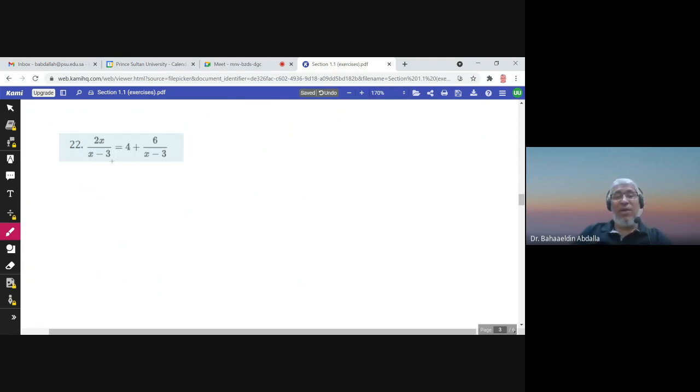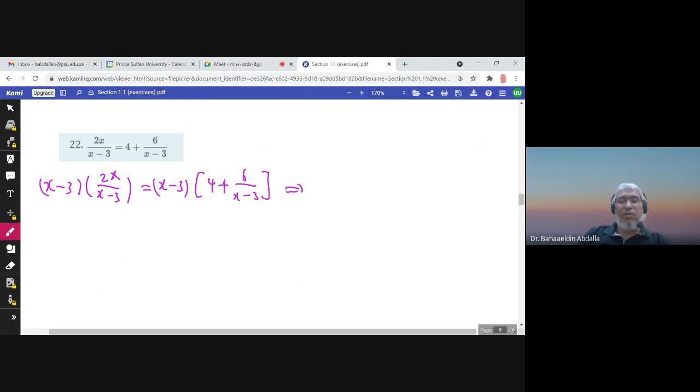Here we have x minus 3, the only denominator. So it is the LCD. So I will multiply by, actually, I can solve this question in two ways. So I will start by this method and then I'll solve it using another method. So x minus 3 times 4 plus 6 over x minus 3.